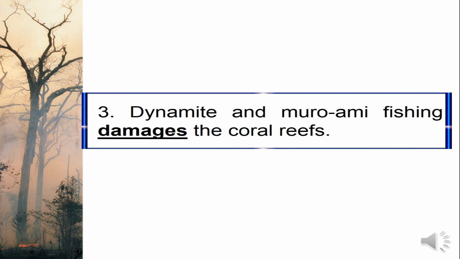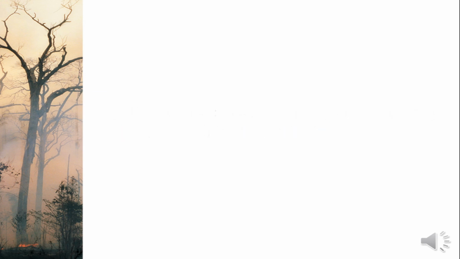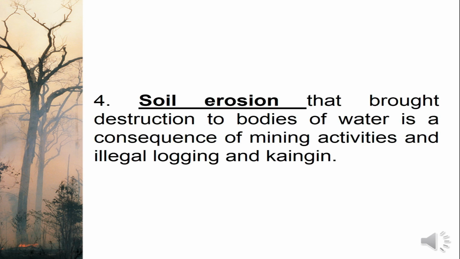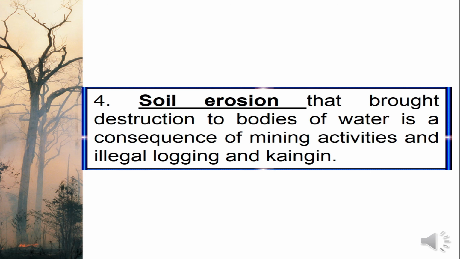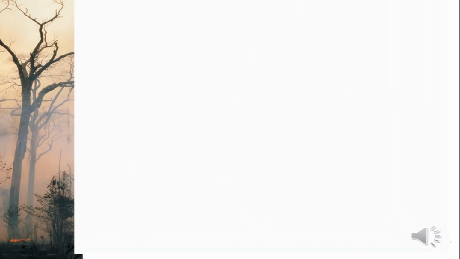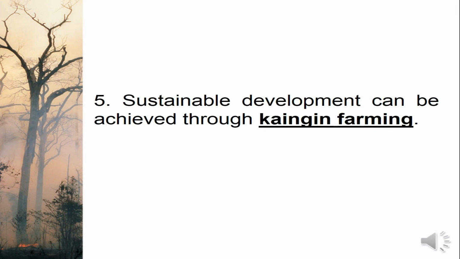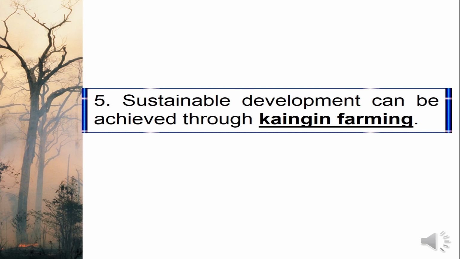Dynamite and Muroami fishing damages the coral reefs. Number 4. Soil erosion that brought destruction to bodies of water is a consequence of mining activities and illegal logging and kaingin. Number 5. Sustainable development can be achieved through kaingin farming.